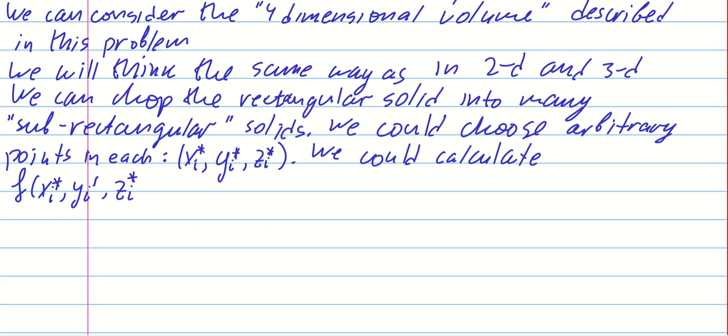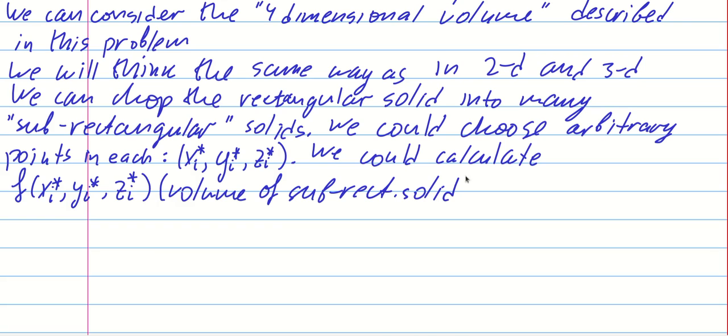Basically this is the same logic as before, multiplied by the volume of this subrectangular solid, for i, j, and k.